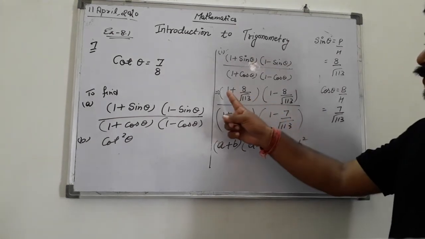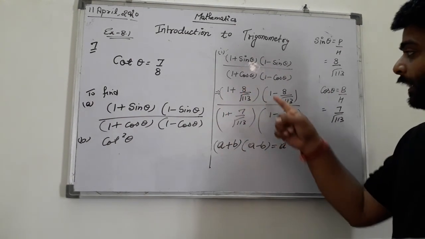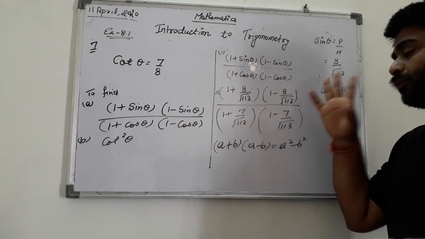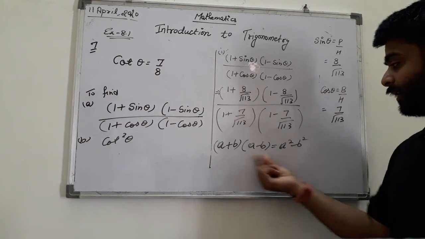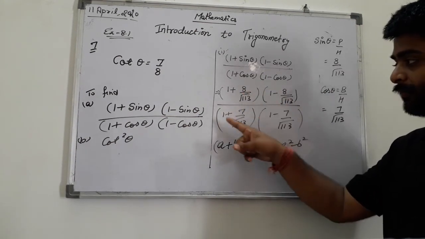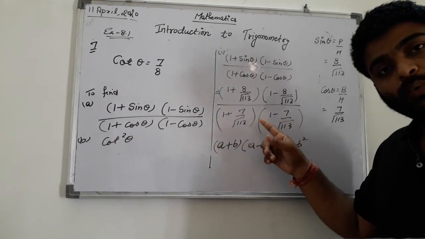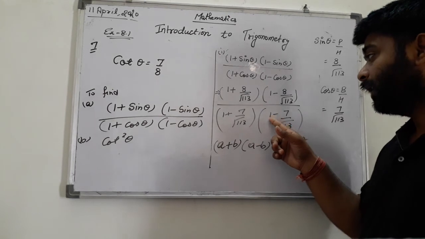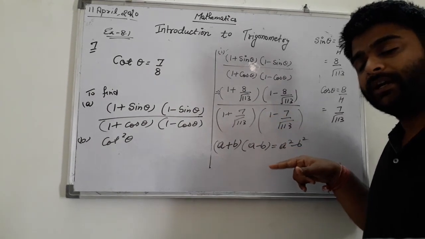So A is 1 and B is 8 upon root 113. Same for the denominator: A is 1, B is 7 upon root 113.